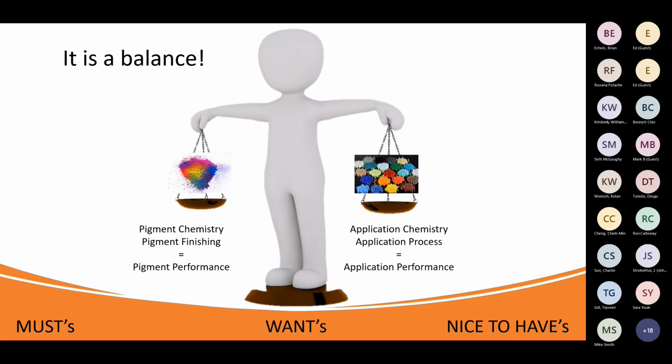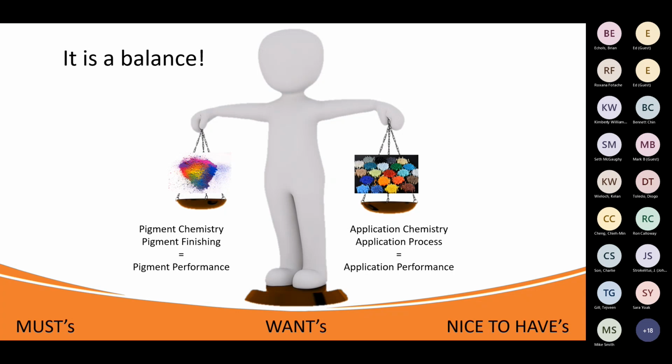Since I've offered an evaluation of different grades, whether it's an inks grade or a coatings grade or a plastics grade, I wanted to go through this exercise with you in choosing what might be an appropriate pigment choice for your application.